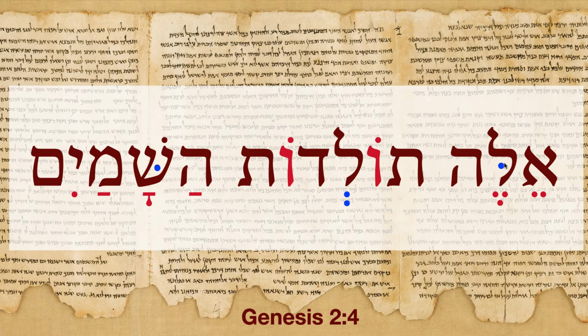You probably may not have known why there is a dot here in the blue. Elle toledot hashamayim. Again, hashamayim. So the sha is doubled. Elle toledot hashamayim. That's the pronunciation. That's how you read it.